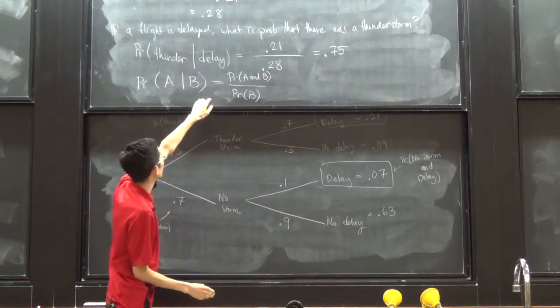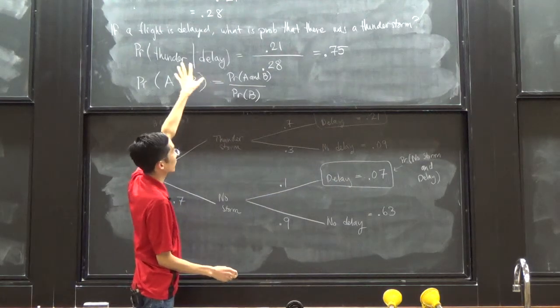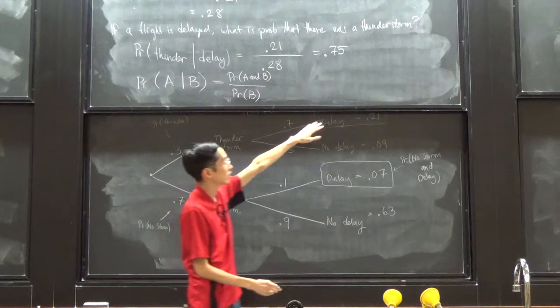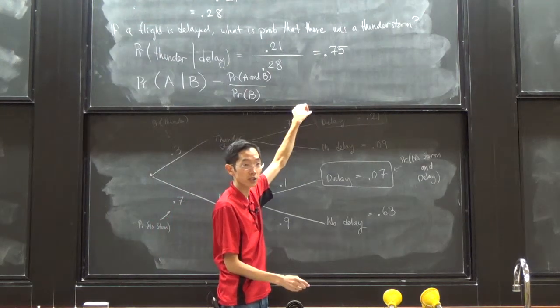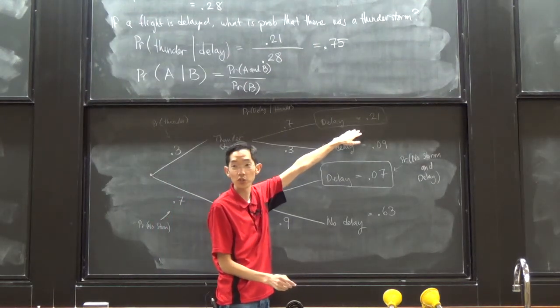And then the probability of A and B, or thunderstorm and delay, we established earlier in the tree as 0.21.